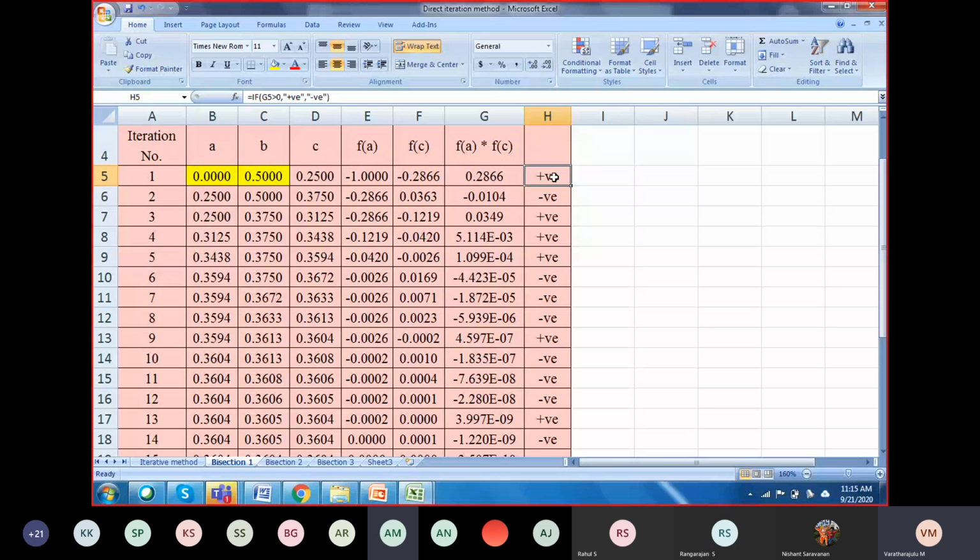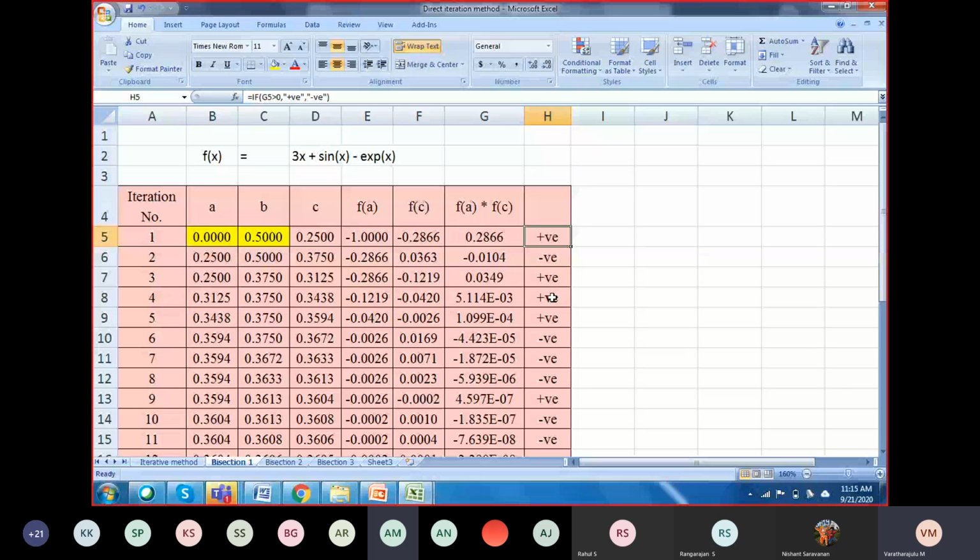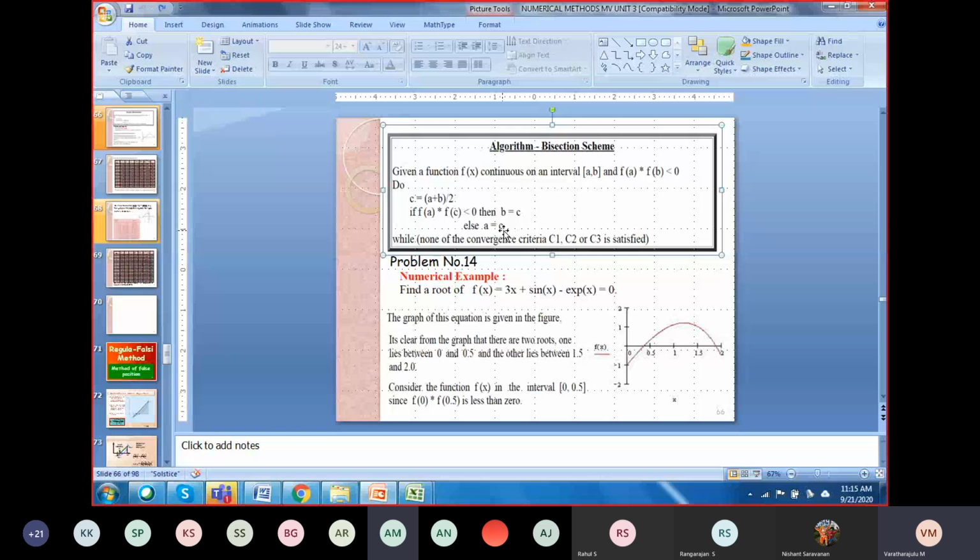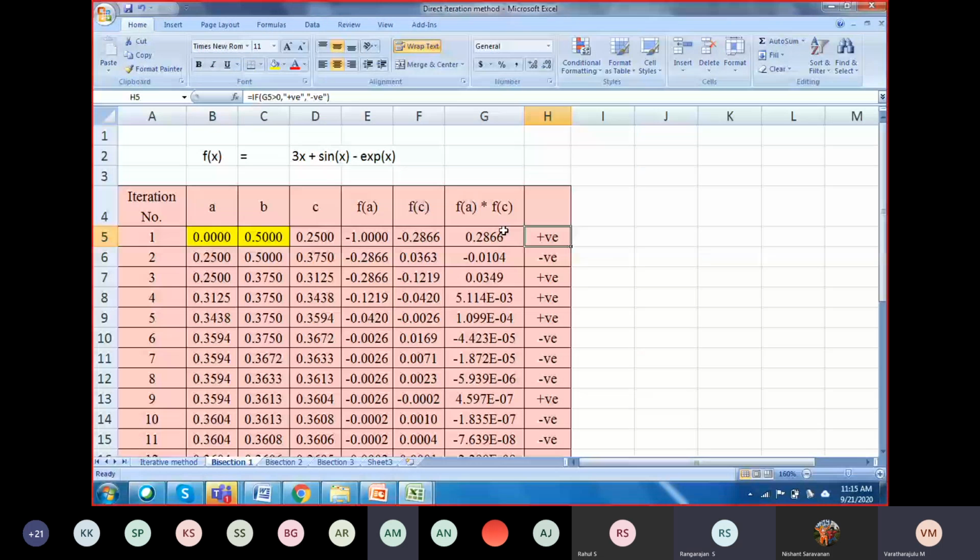Please have a visit over the Excel. If it is greater than 0, we have to take A is equal to C. So A here is C; here also I have given a code, that is if G5 is greater than 0, take my A value, that is D5.